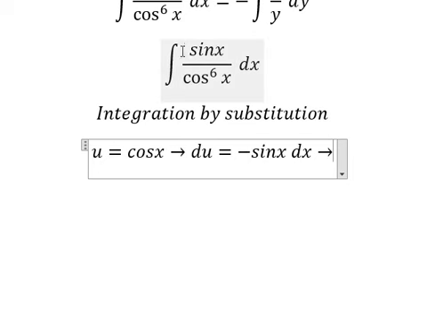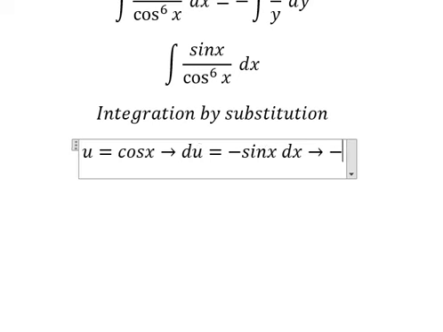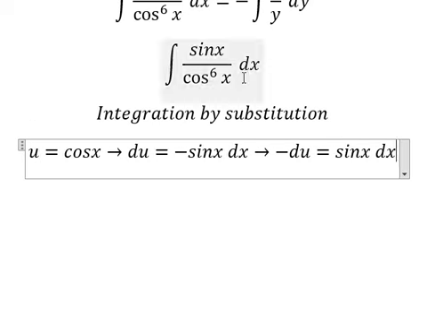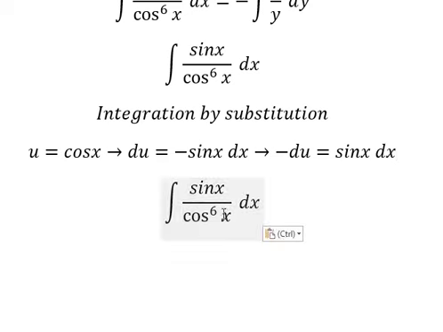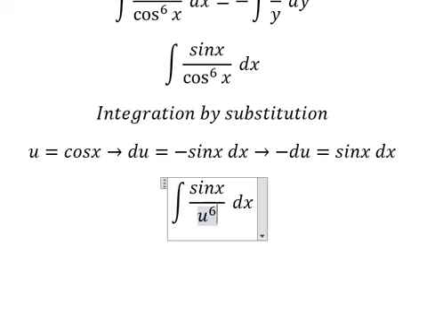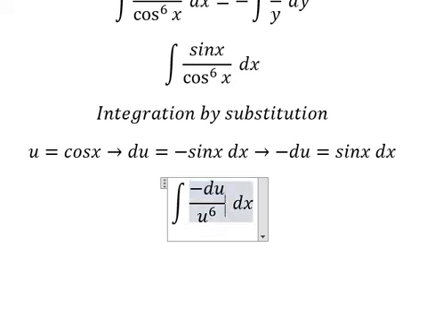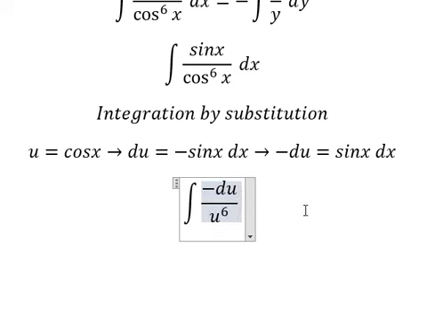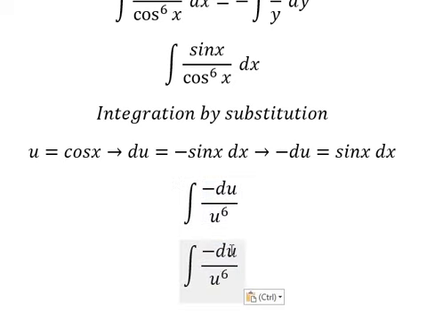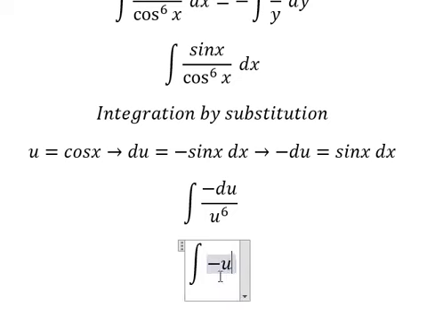Because we don't have the negative sign, I will put this one to the left. This one we put u to the power of 6 sine x dx, and we change it to negative du. So this one I will put like this.